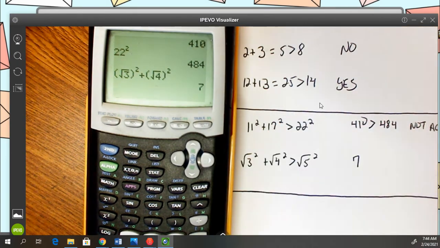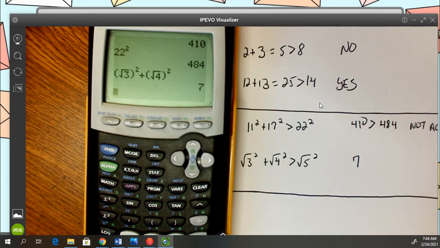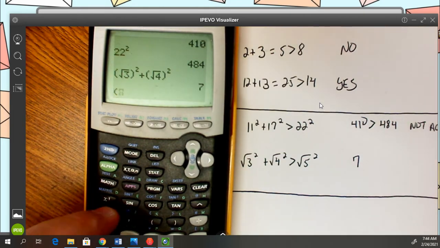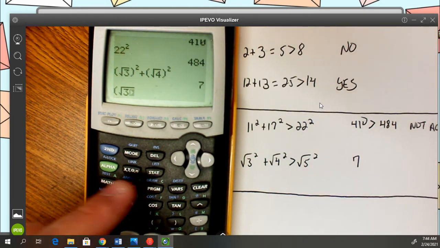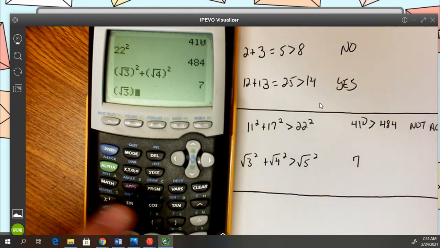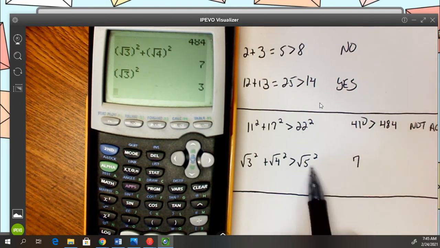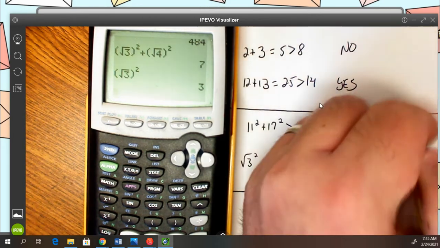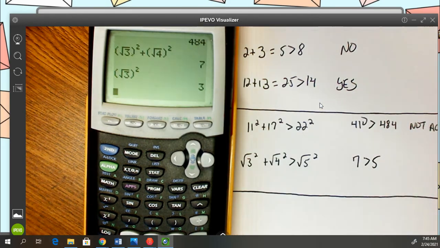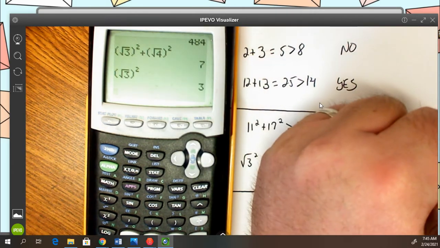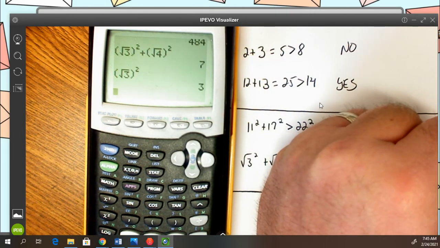So what I wanted to show you real quick, anytime you square a square root, you're basically just getting rid of the square root. So the square root of 5 squared is just 5. Okay? So 7 greater than 5? Yes, this is acute.